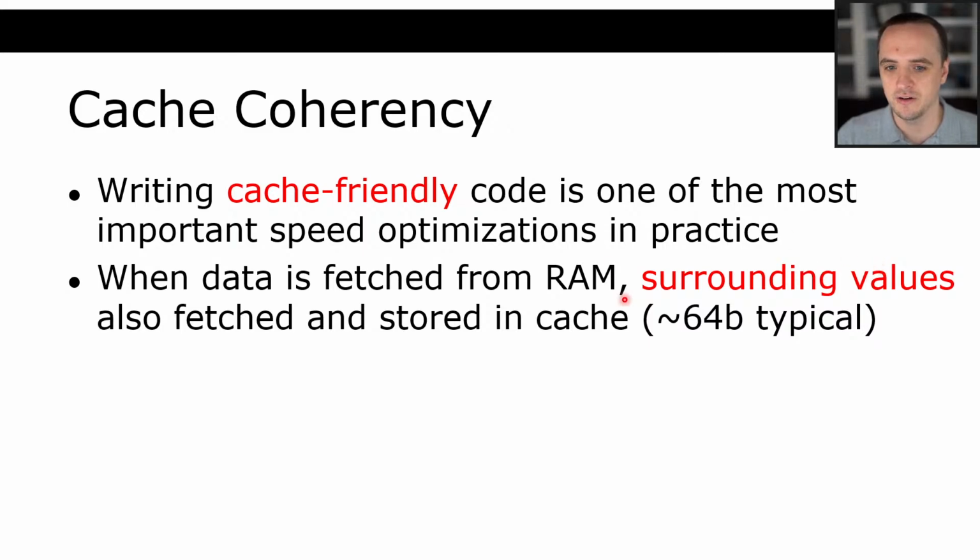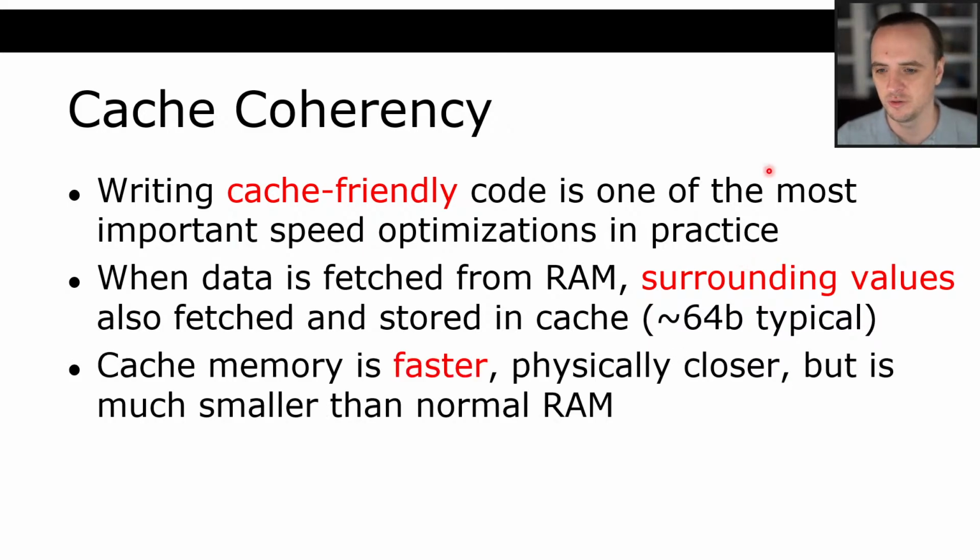You also get a bunch of surrounding variables that are stored in the cache. Let's say, for example, in the top level fastest cache, you might get 64 bytes in every fetch. So if you're just fetching an integer, which is 4 bytes, you actually got 16 integers into your cache. We'll talk about examples of this in a little bit.